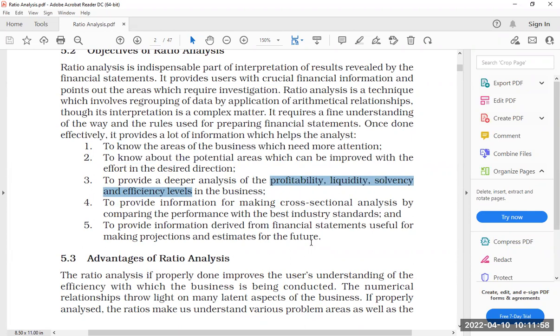About 4 things. What are those 4 things? Profitability of the company, liquidity of the company, solvency of the business, efficiency of the business. These 4 things are to be analyzed in detail before you say anything about a company, so that you can tell something about the company's performance, the company's position. Okay. Ratios are helping us to analyze these 4 in detail.